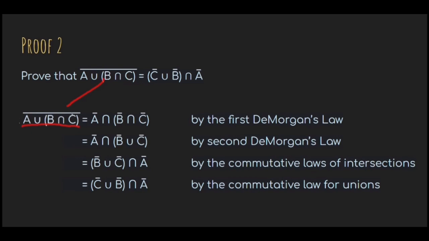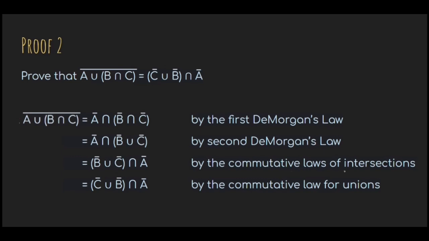We're basically just throwing this in, and that equals the complement of this intersection the complement of B intersection complement of C. And that's by the first De Morgan's law. And using the second De Morgan's law, we can say that equals the complement of A intersection complement of B and union the complement of C.